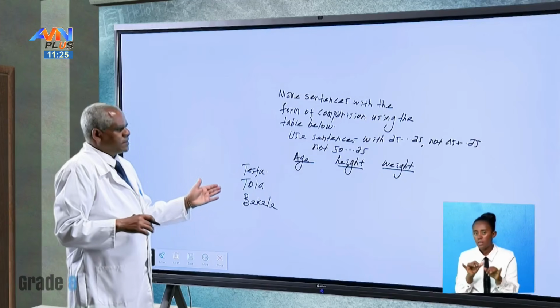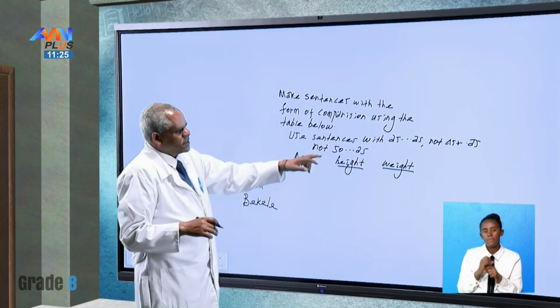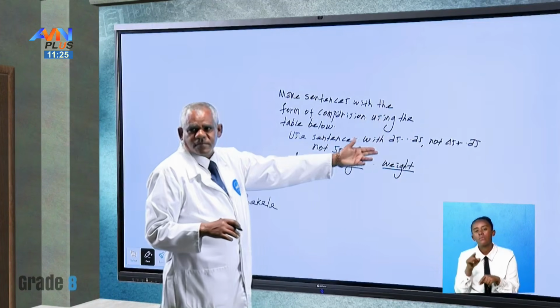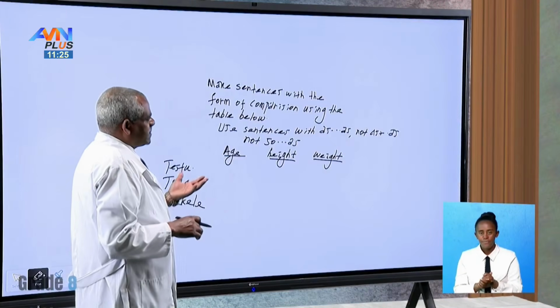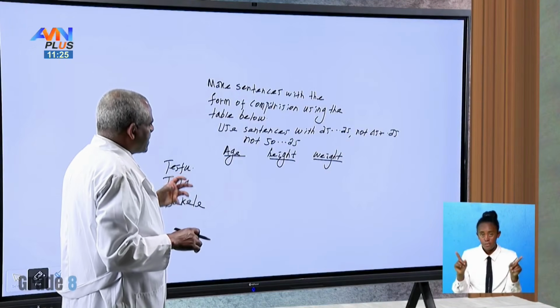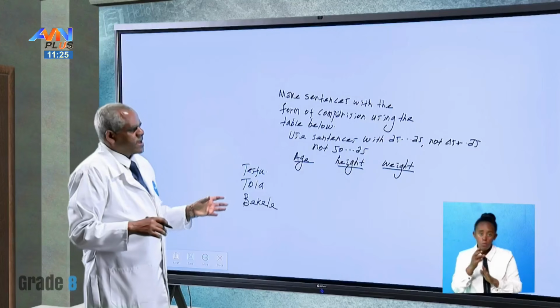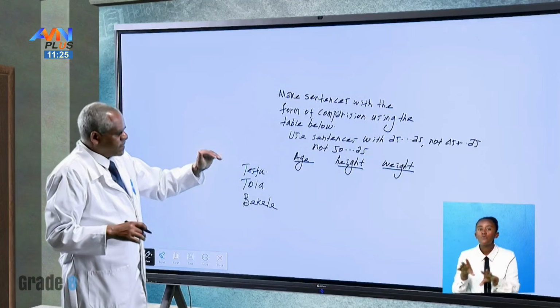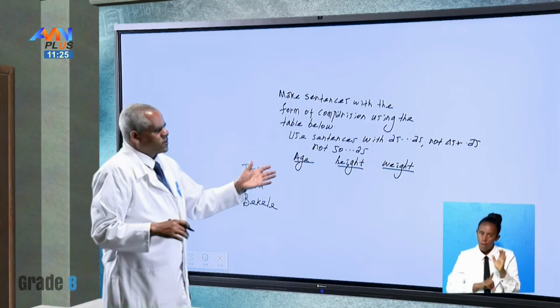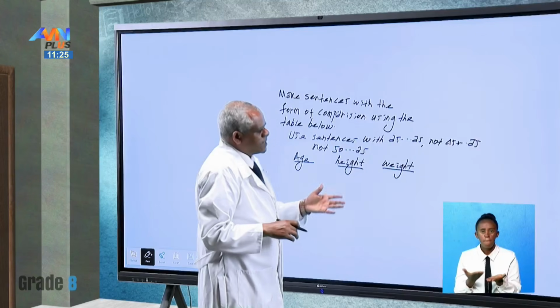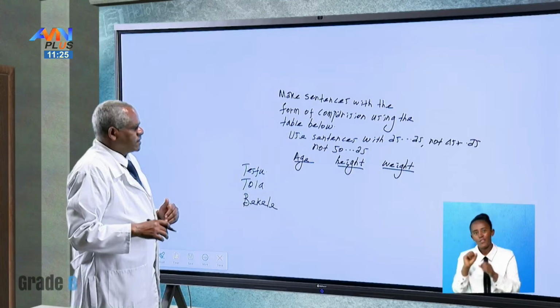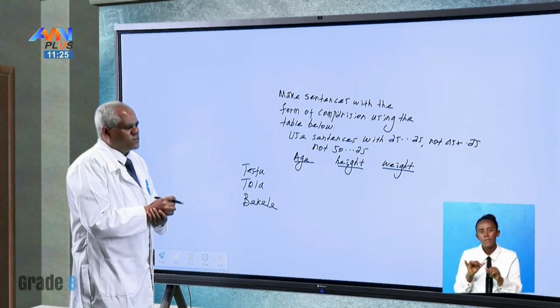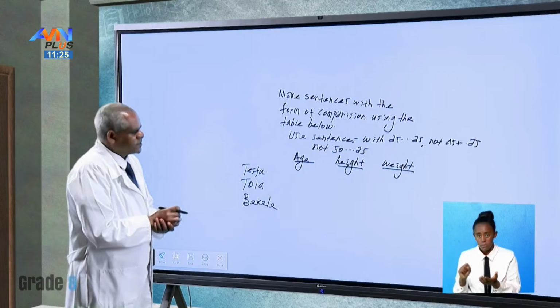If they are the same in all contexts, use the as structure. Whereas if they are different in their age or height or weight, by looking at the students' age, height, and weight, you are welcome to use the not as structure. The same is true in the case of the not so as structure. It is similar to the as structure.